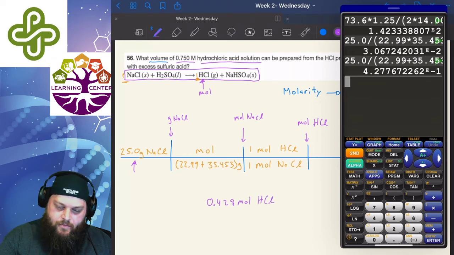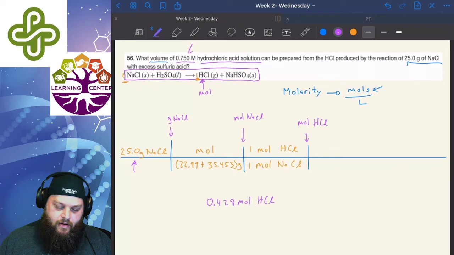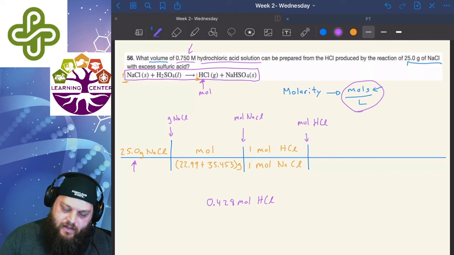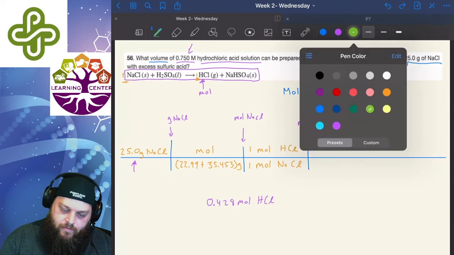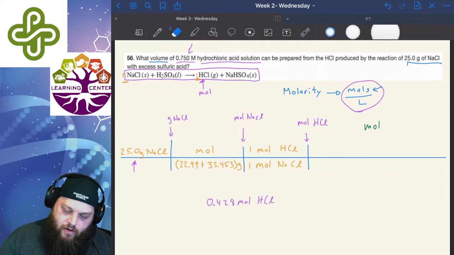But we're not done yet. We want to know what's the volume that's needed to get this molarity. Well, that molarity is, again, moles per liter. That's the units it's in. And we have moles here. So to get a volume by that, let's switch to a nice darker green. That moles per liter, I wrote it the wrong way. Start off with moles.